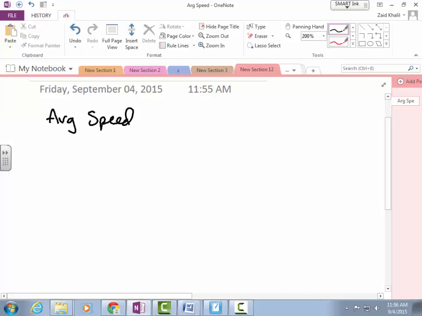The letter I'll give for average speed will be S. Doesn't really deserve an S, but I'll give it one anyway. S is defined as the distance divided by the change in time. And this is the definition of average speed.